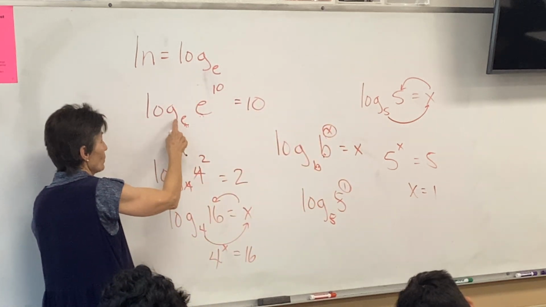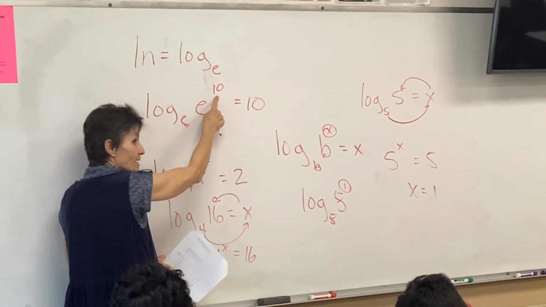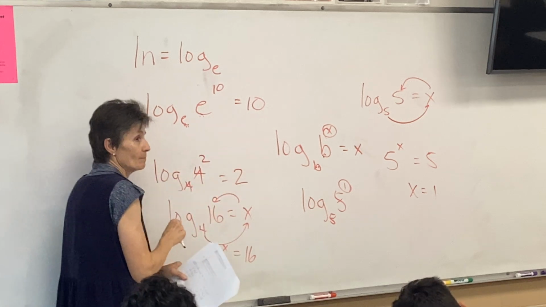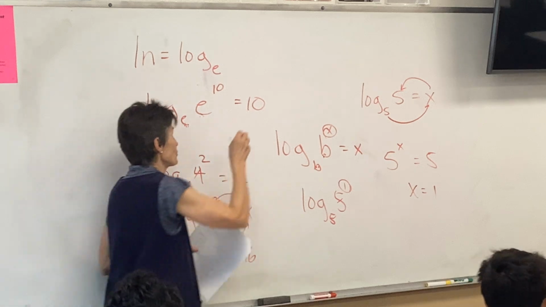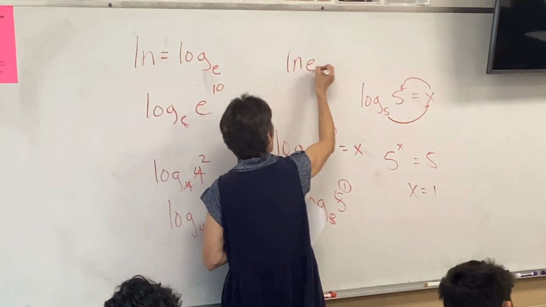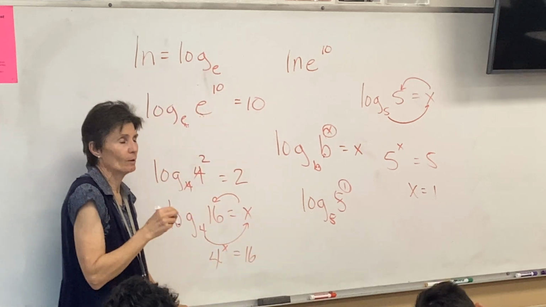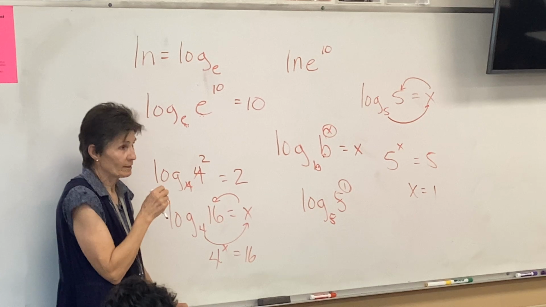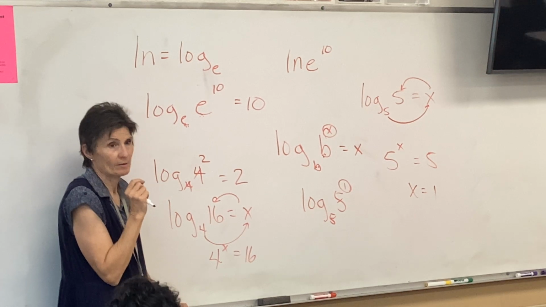And ln was a log base e. The problem was e to the 10th. Those two matched, so the answer is 10. Now, because I like you so much, I'm going to give you a little secret, and you may already know it from your teacher last year. ln, natural logarithms, and e's are inverses of each other.